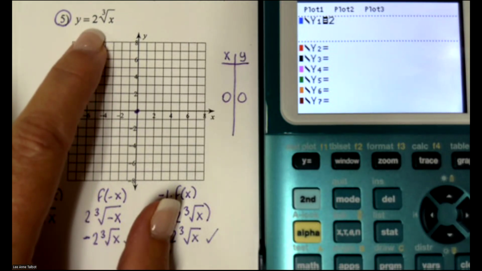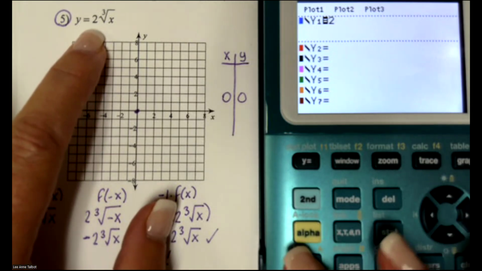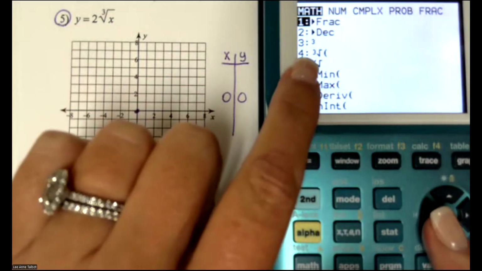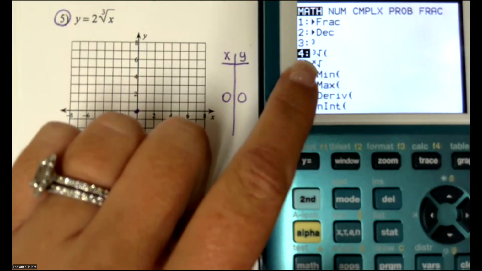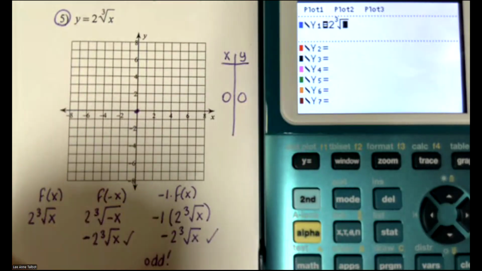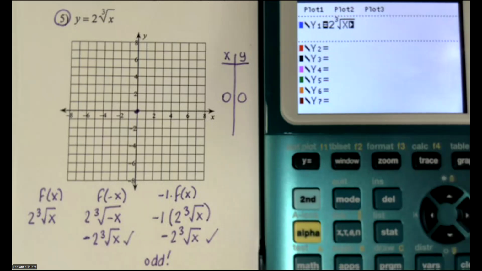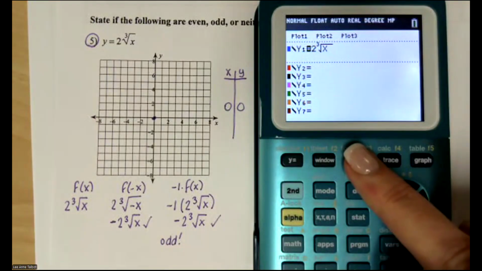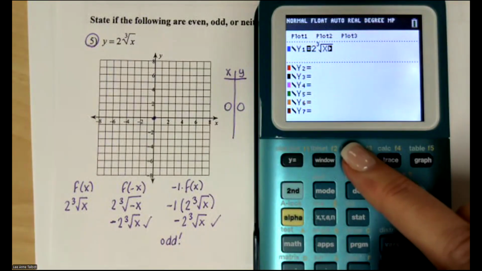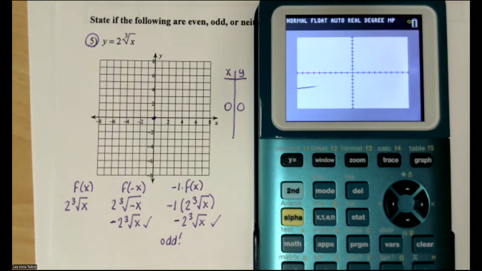So I'm going to hit 2, math, scroll down to cube root, and then X is right next to the alpha button right there. After you get it typed in, hit zoom, which is the top middle button, and then 6. Zoom 6. That'll make sure that all of us have the same window of our calculator so we can see what it looks like.